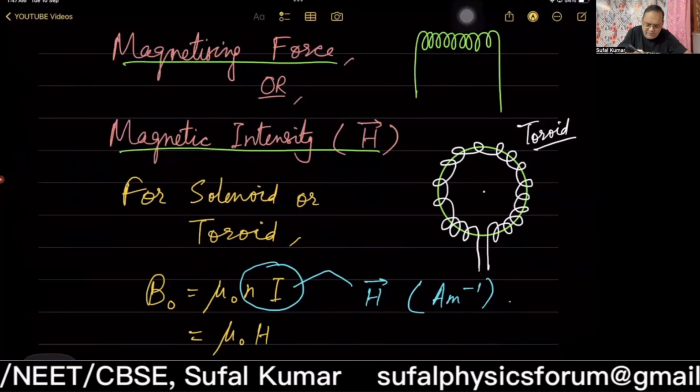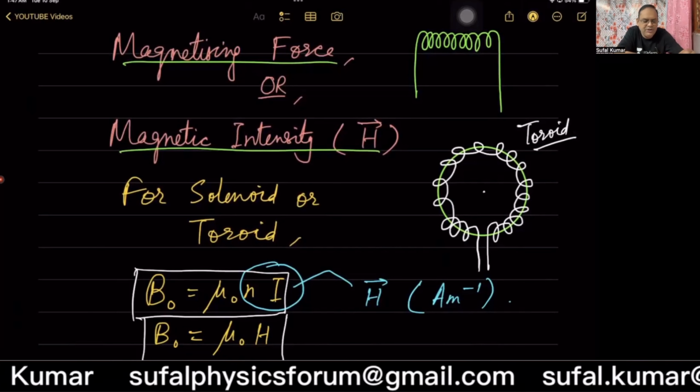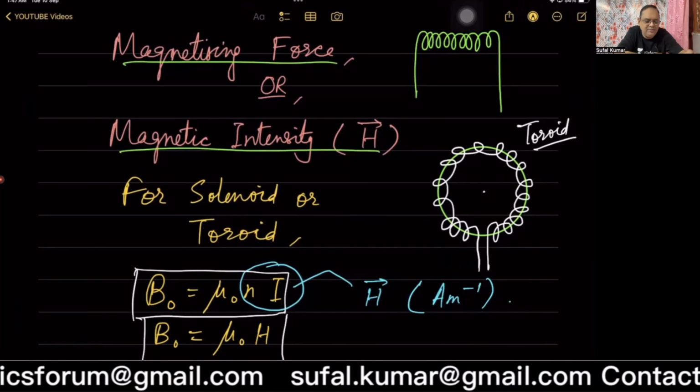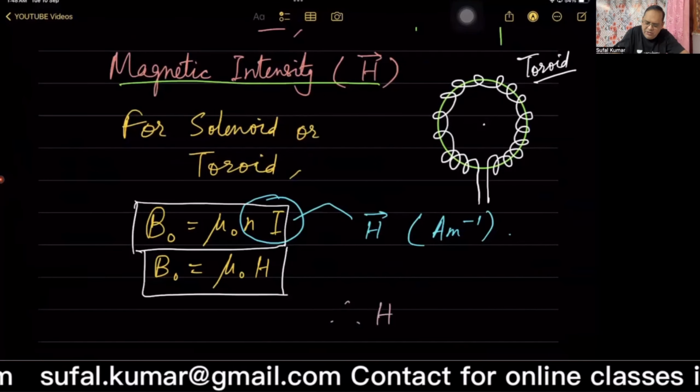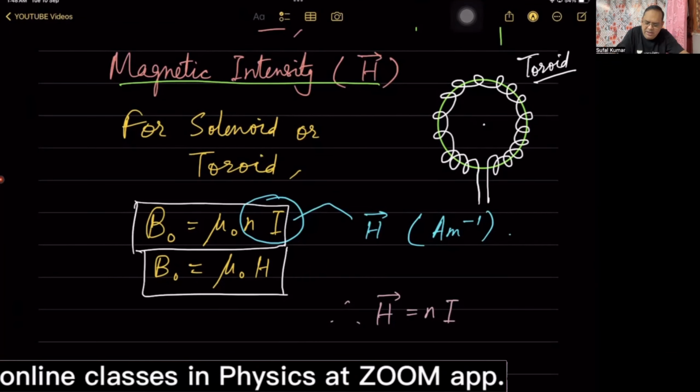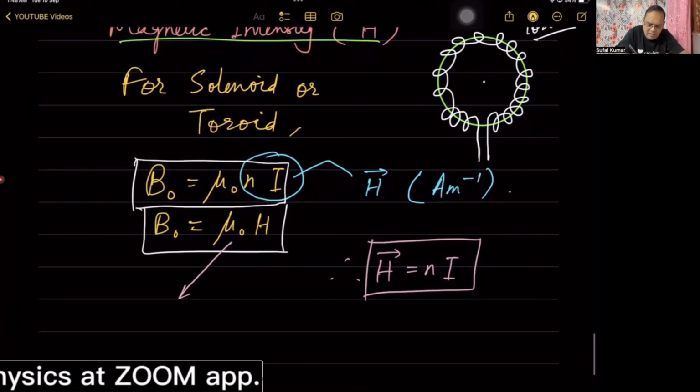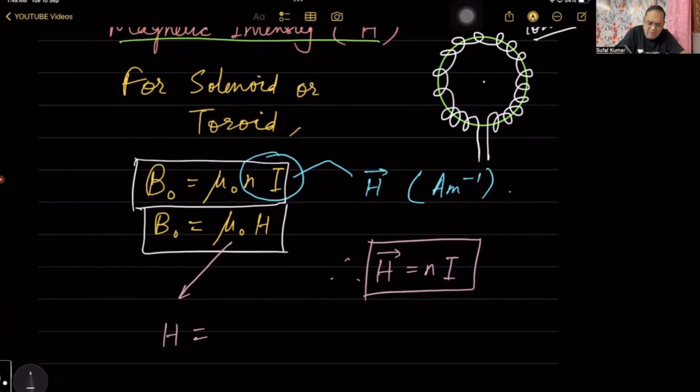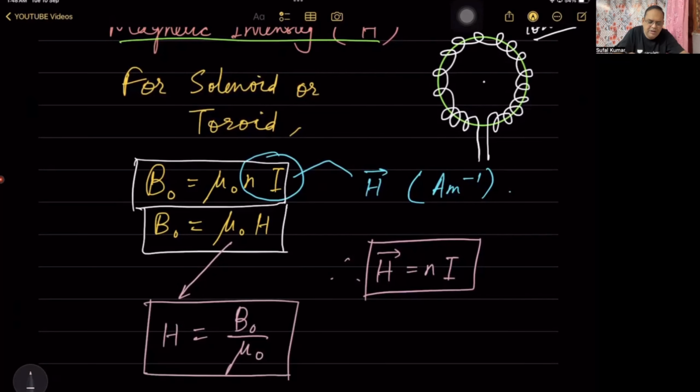In this formula, H is equal to Ni. Therefore, H is Ni, and that can also be written as H is equal to B naught upon mu naught, here ampere per meter.